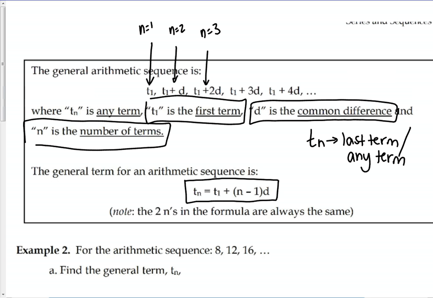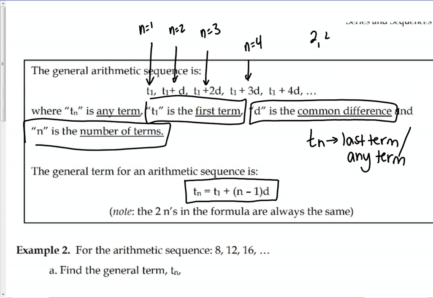So the third term is the first term plus 2 common differences. Or you can think of it as the second term plus 1 more common difference. And if I add a common difference to this, it becomes 2d. Okay? The fourth term is you're adding 3 common differences.